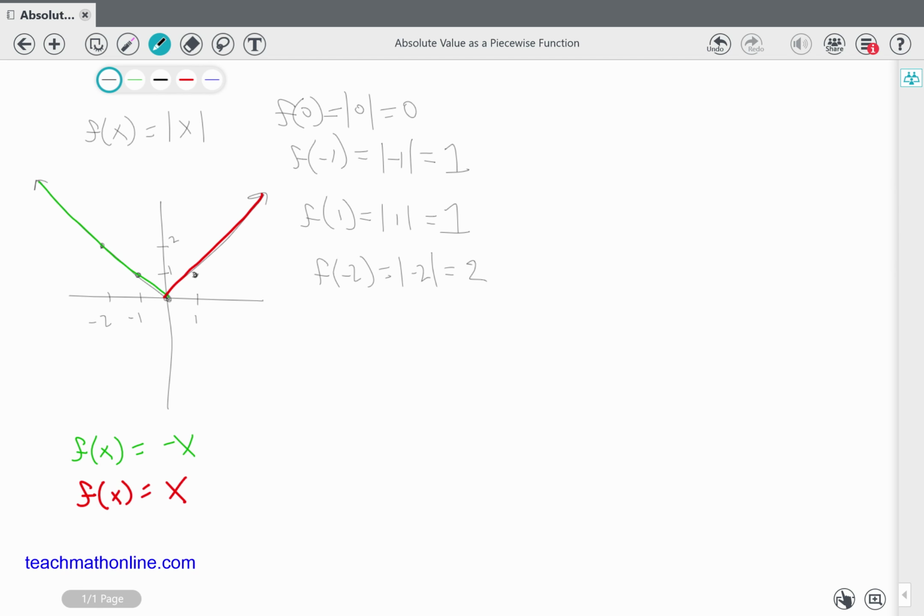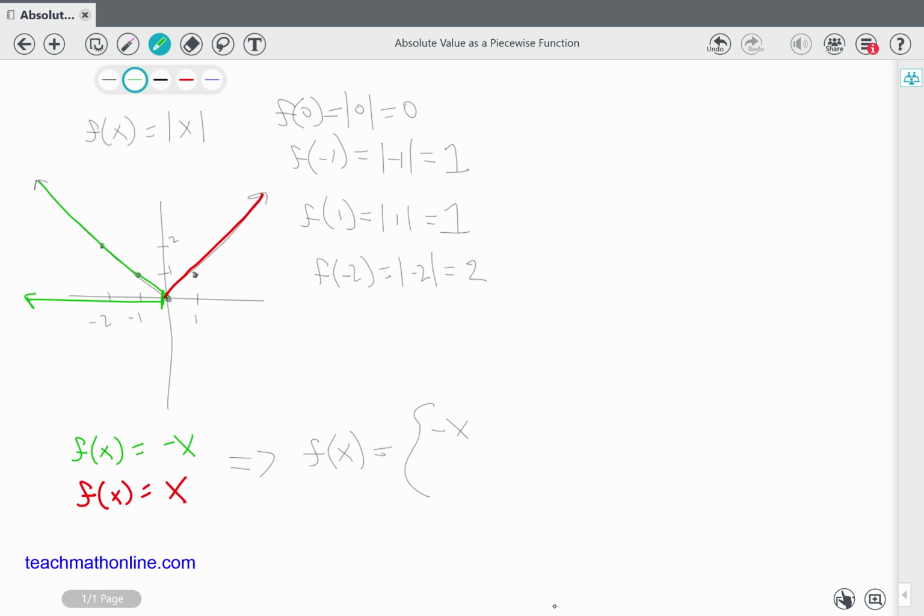So if we were to combine these and create our piecewise function, that would be f of x is equal to -x, and the domain for which this is defined is going to be from the left all the way until 0.